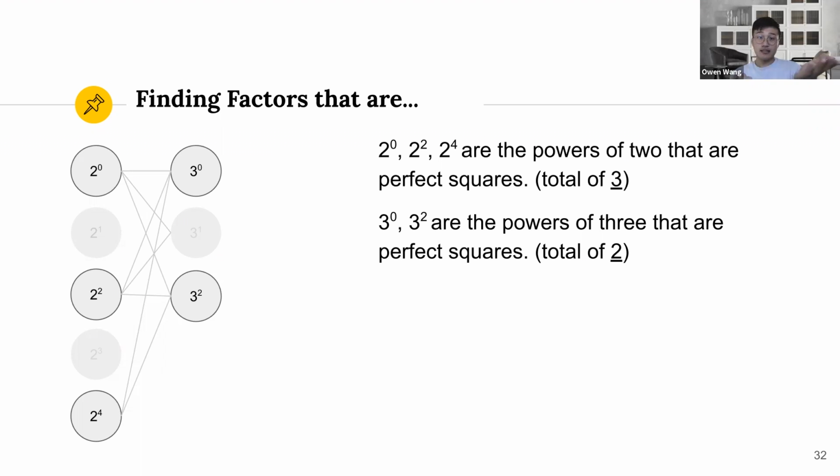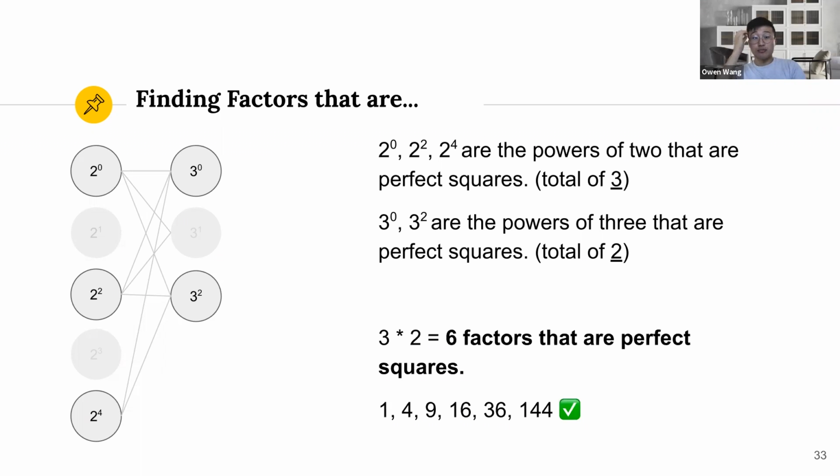For 144, we have 3 choices from the 2 column and 2 choices from the 3 column, which gives us 6 factors that are perfect squares. You can check this for yourself. The 6 factors are 1, 4, 9, 16, 36, and 144.